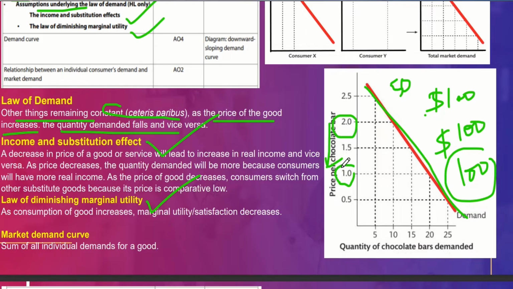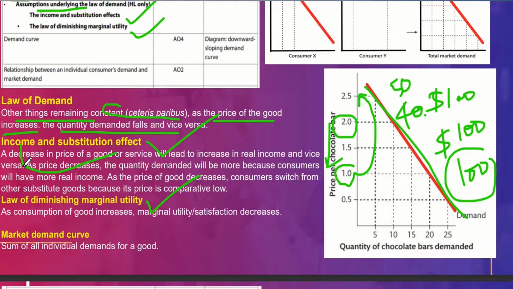When the price is $1, you are able to buy 100 units. When the price goes to $2.5, you are able to buy only 40 units of chocolate bars. So when the price is increasing, real income is decreasing. That is said to be the income effect.